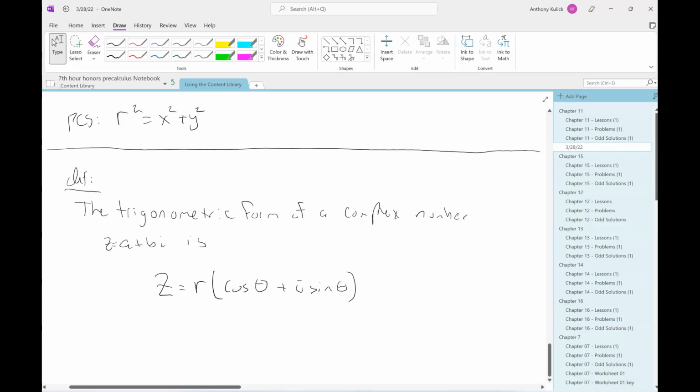That complex form, or trigonometric form, for a complex number is just z equals r times cosine theta plus i sine theta. Why does that work?